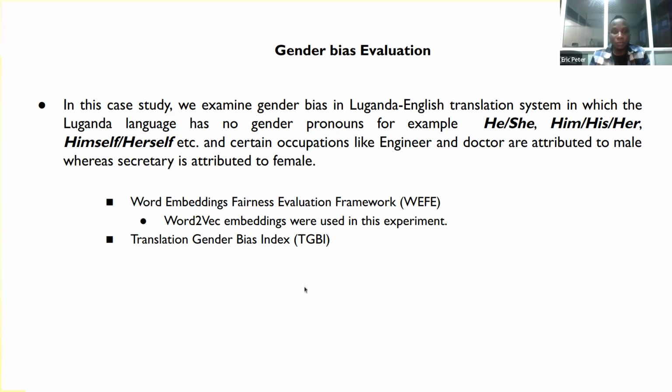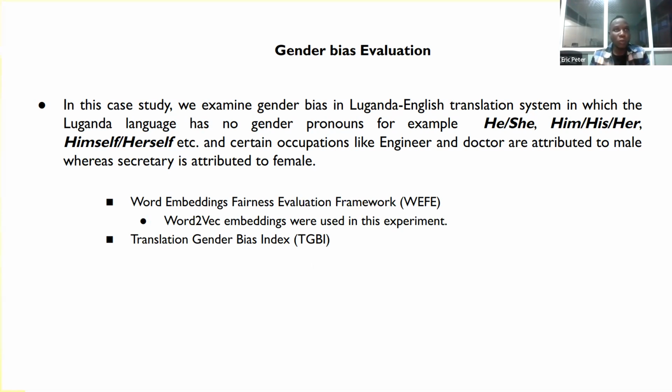Now, the word embeddings fairness evaluation framework has several metrics. For example, we have the word association test metric, which looks at the associations of terms between stereotypes.